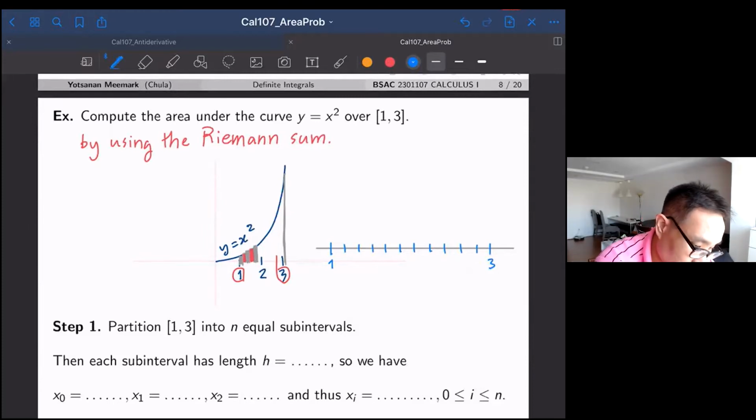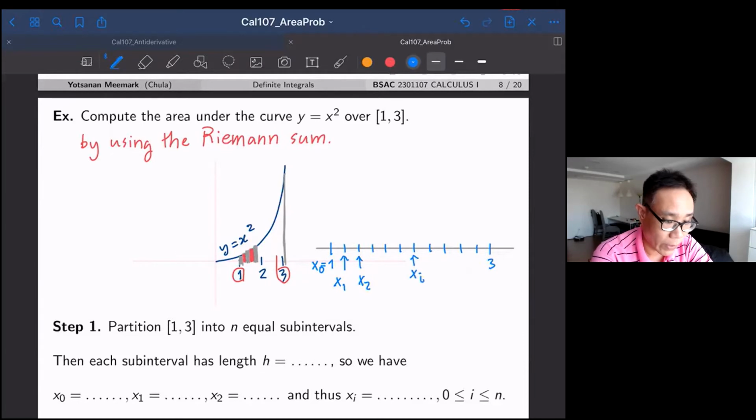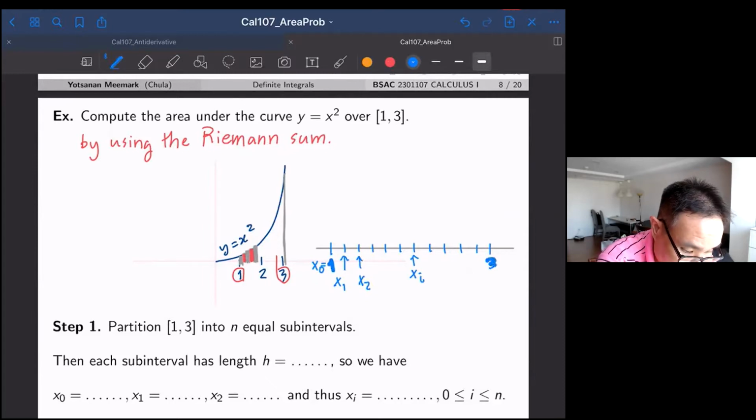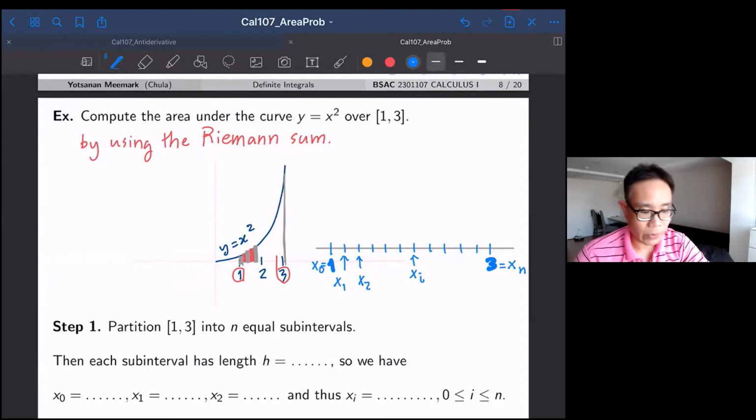This one is your x0, this is your x1, x2, and so on, up to your xi, and finally the endpoint at 3, which is your xn. So you divide this into n equal pieces.